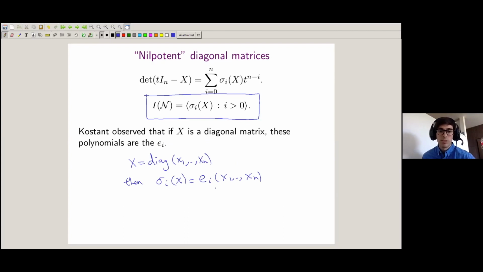I mean, so by the entries of x to the n, I just mean take the nth power of the matrix, and each entry is a polynomial in the entries of the matrix. And okay, so if you specialize, you'll get back the elementary symmetric polynomials.